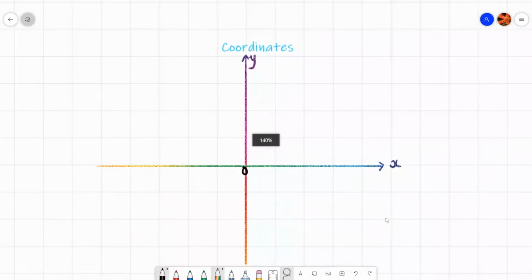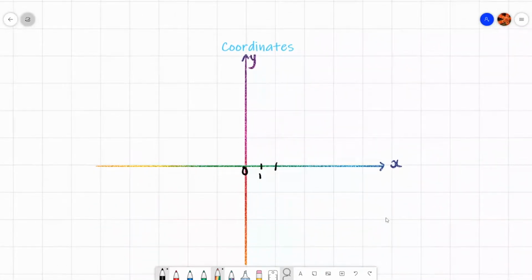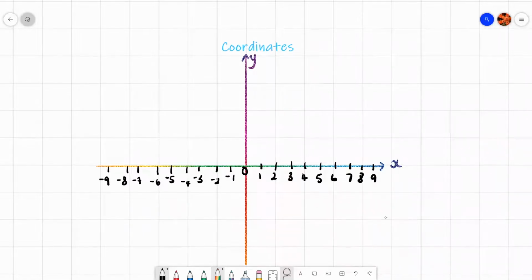I'm going to say that there is going to be 1, 2, 3, 4, 5, 6, 7, 8, and 9. So this way it'll be negative numbers, -1, -2, -3, -4, -5, -6, -7, -8, and -9.